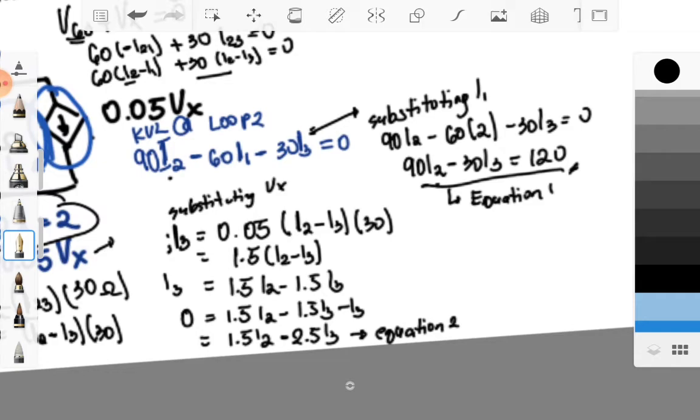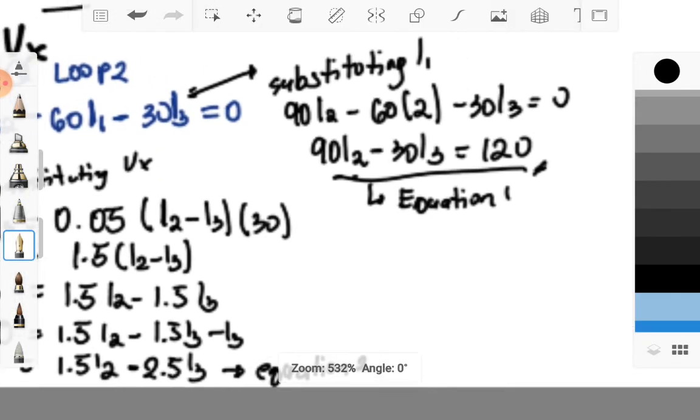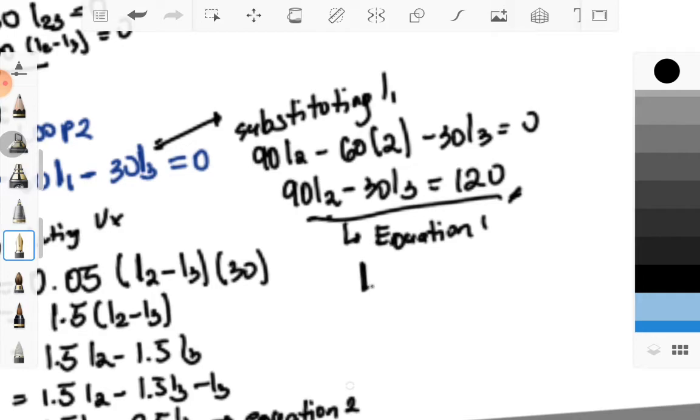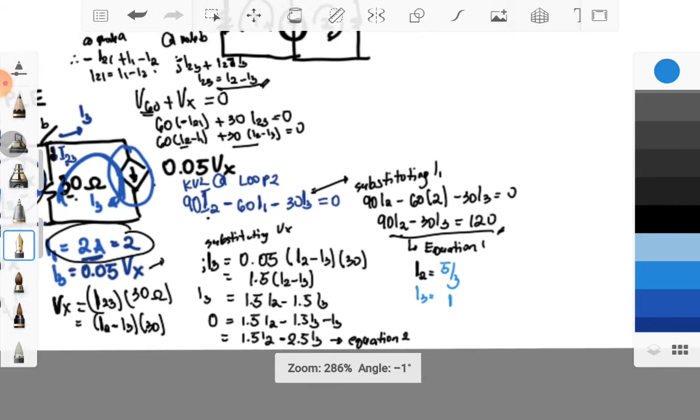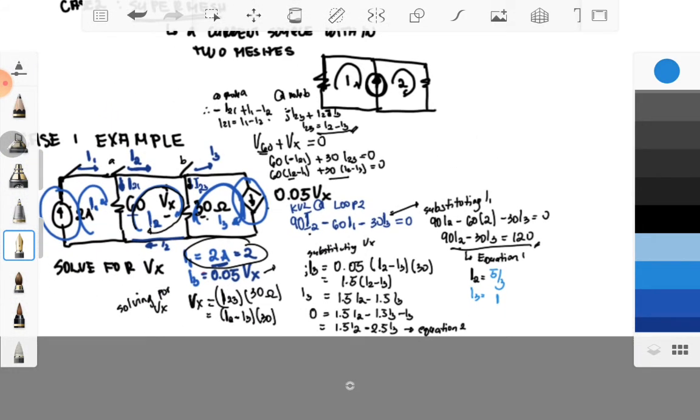So therefore we have our current I2 will be equal to 5/3, and our I3 will be equal to 1. Okay, so that is our I2 and I3. So yung tinatanong is what?